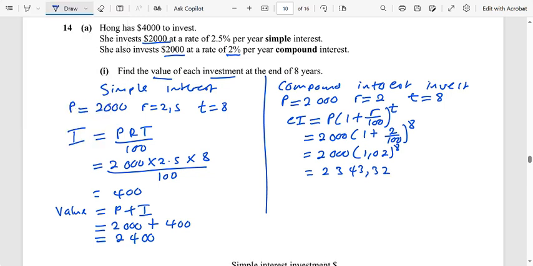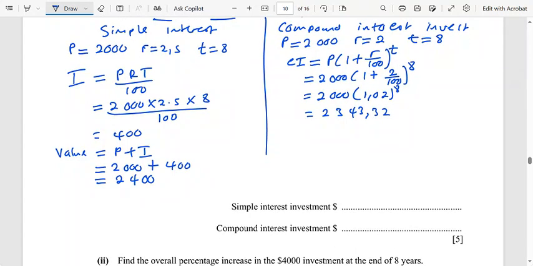So for the compound interest formula, what we get is the value of the investment. So that's where it differs from the simple interest formula. So the simple interest value of investment is 2,400. The compound interest value of investment is 2,343.32.